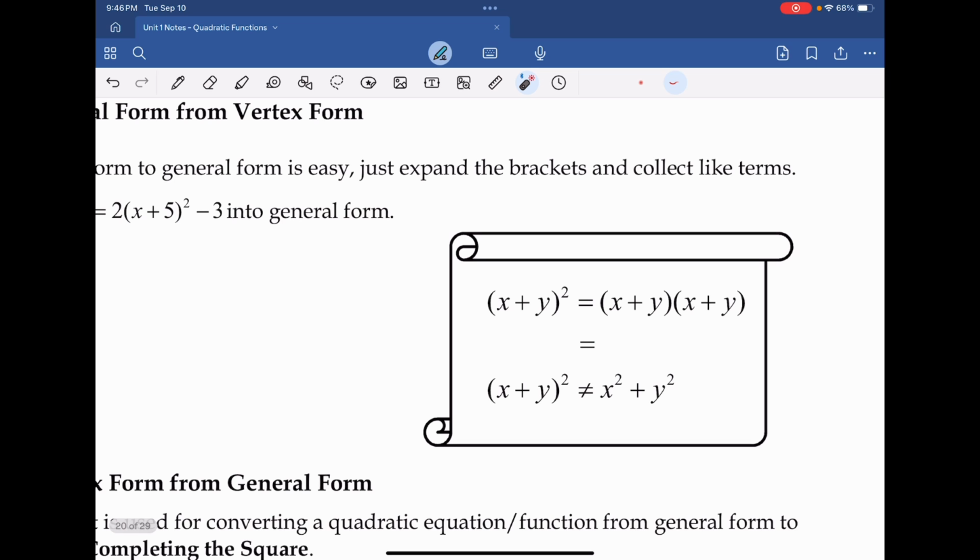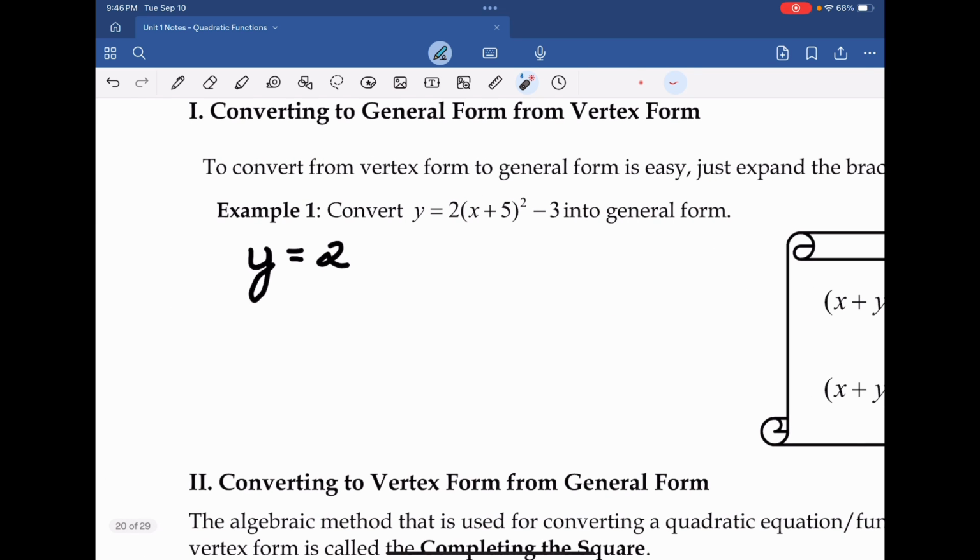When we take a squared binomial, what we're actually doing is writing it out as a product of the exact same term. Again, we're not taking the individual terms and just squaring them. That's a no-go. Please do not do this. I know I'm going to see a couple people do this in the practice, but I don't want you doing this. We need to write out the same term 2 times and then expand it.